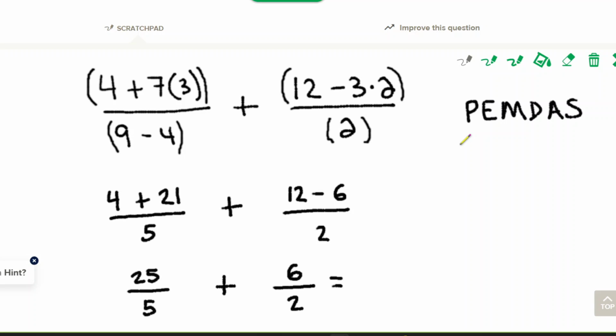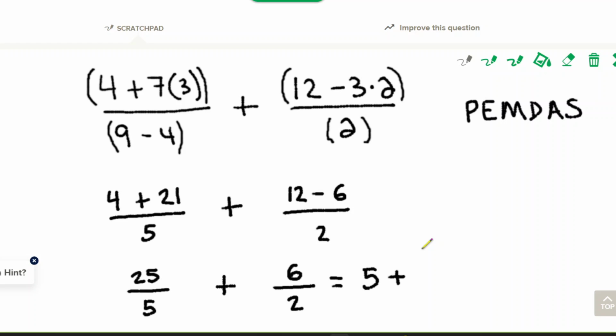Okay. But now we have some fractions that can be simplified, right? The numerator and denominator have common factors. In the first fraction, it's 25 over 5, 25 divided by 5. That's 5, right? 5 goes into 25 5 times. So that first fraction simplifies to 5.